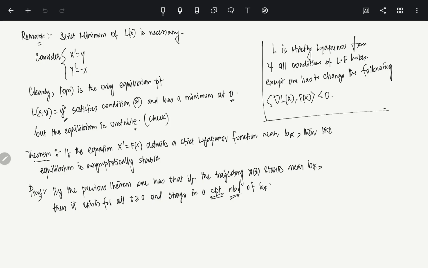Now let's see: suppose such a trajectory does not converge to B star.